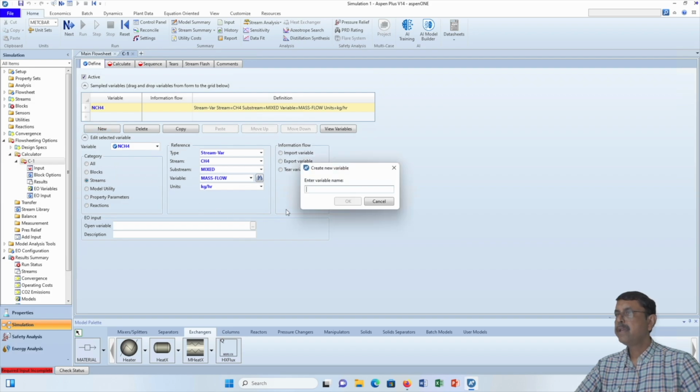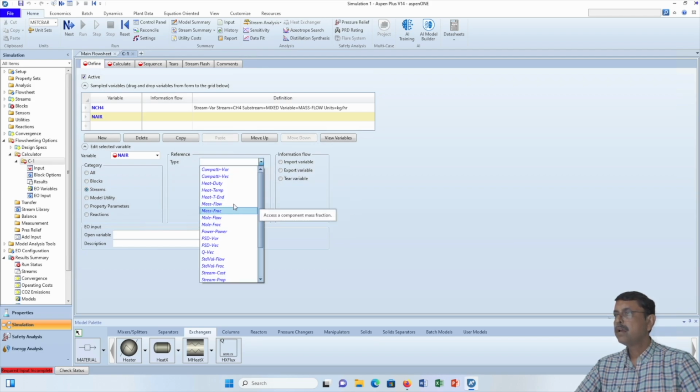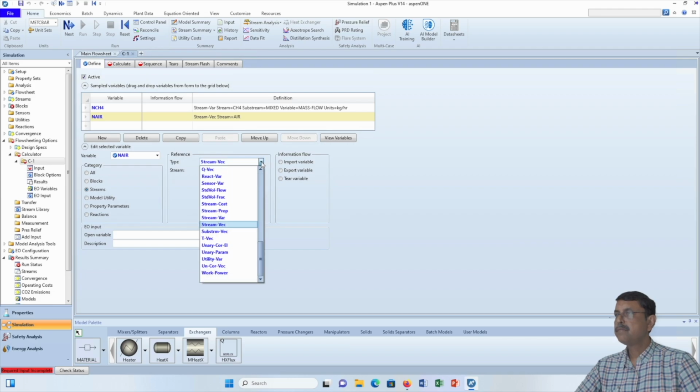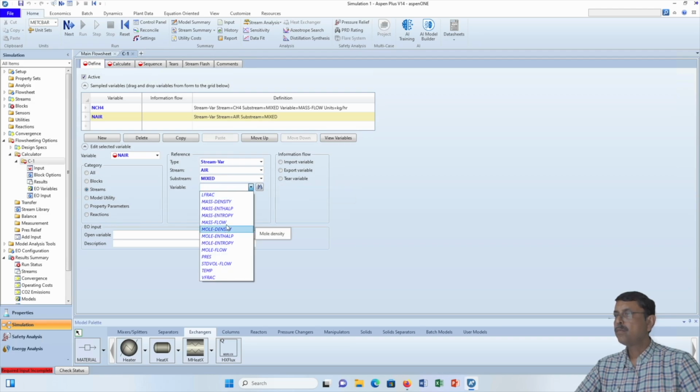Similarly, we have N air, that is also a stream variable of air, stream variable rather, not vector, air and mole flow rate.